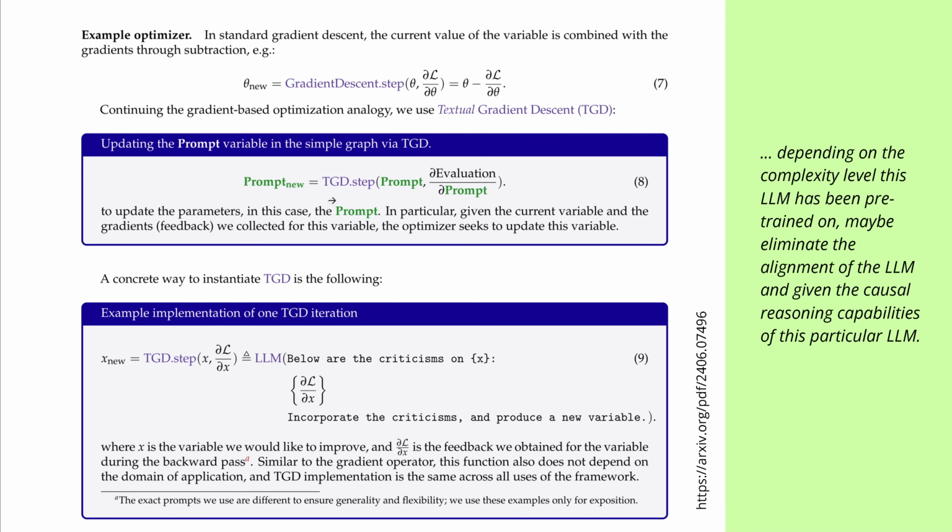In our new library, we have the command textual gradient descent, TGD step, and you can do this in a prompt. So if you want to see this pseudocode implementation, you say LLM, below are the criticism of X, incorporate the criticism and produce a new variable. And this variable might be a subset for a better prompt optimization, or if you go to more complex systems, I will show you in a minute.